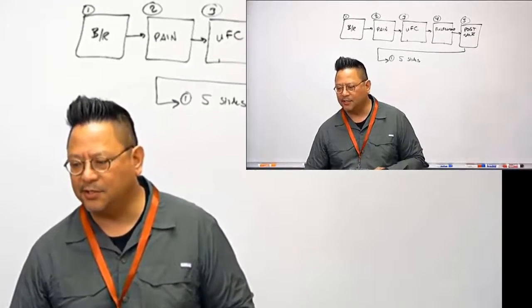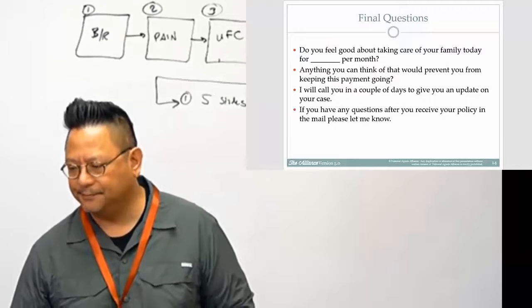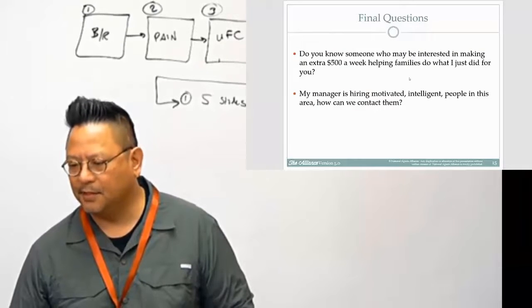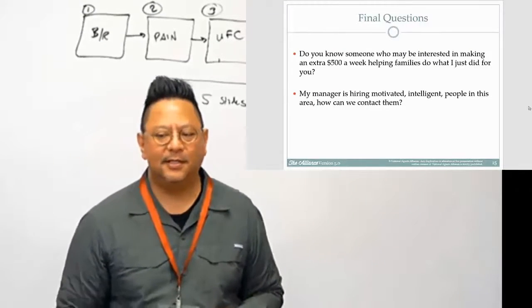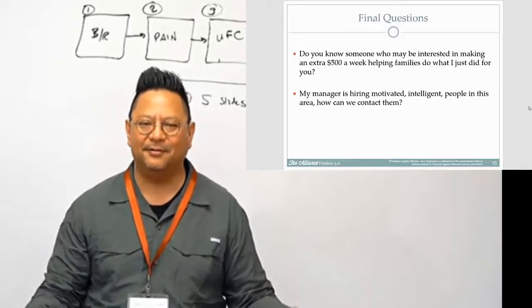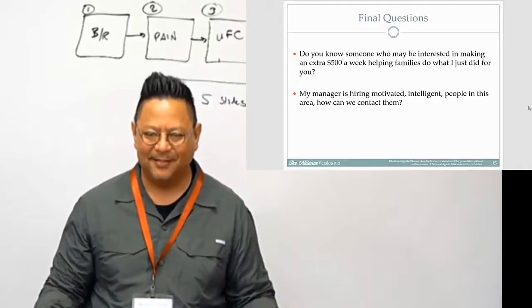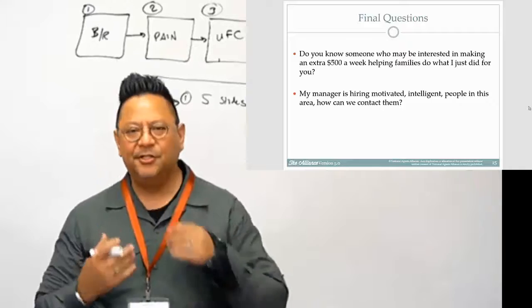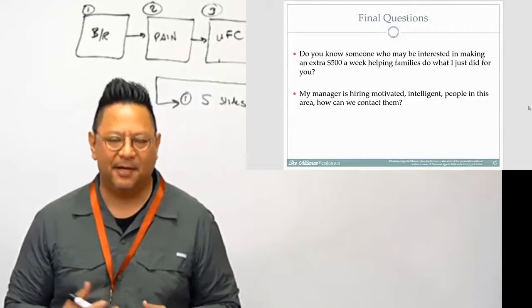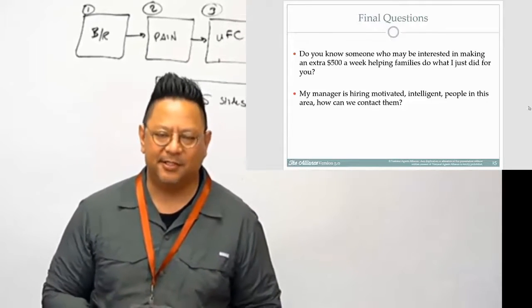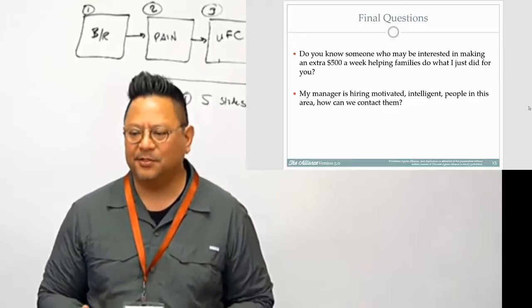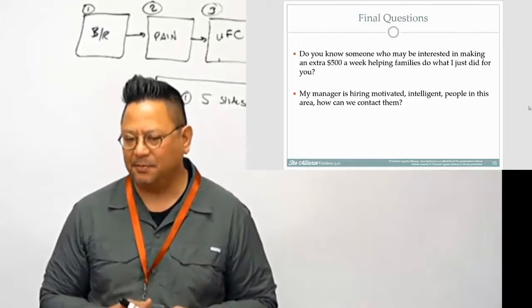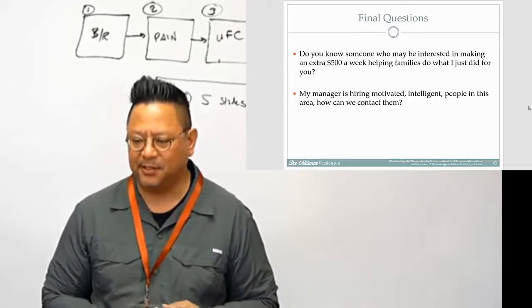Oh yeah. Then the next question, the recruiting slide. Final question. Now look, my manager's hiring right now in this area. Do you know anyone that might be interested in making about $500 a week doing what I just did for you? Any top salespeople, or anyone interested in making some additional income?